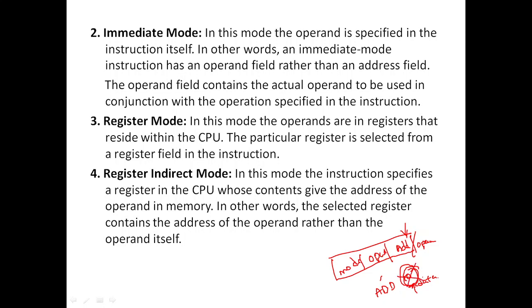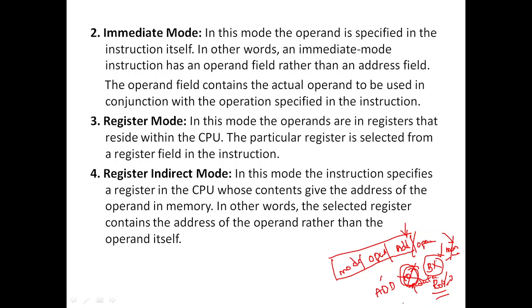If I am not specifying the data and if I have specified BX, in the sense, if BX is a memory word, it is the memory location. This is like indirect addressing, or else I can give R0. R0 is the register. Here BX in the sense the data will be stored in the memory. Here R0 in the sense the data is going to be stored in the register.